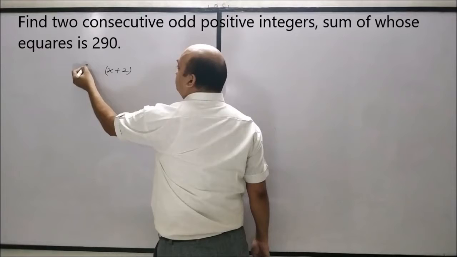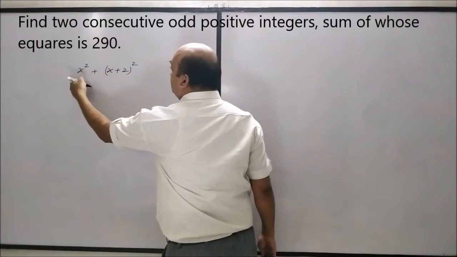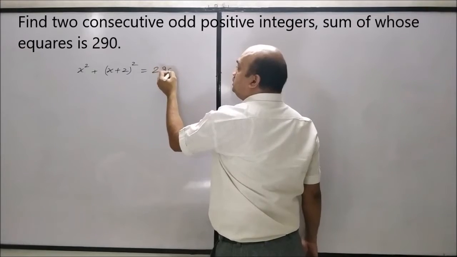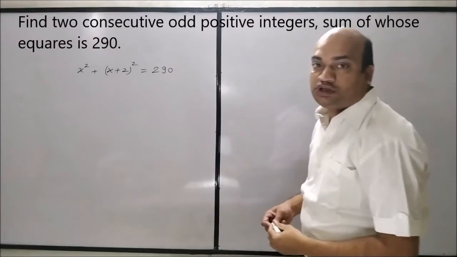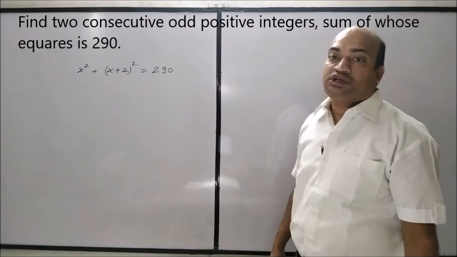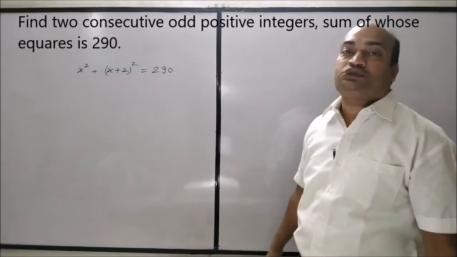Now it is given that the sum of squares of these consecutive positive integers is 290.